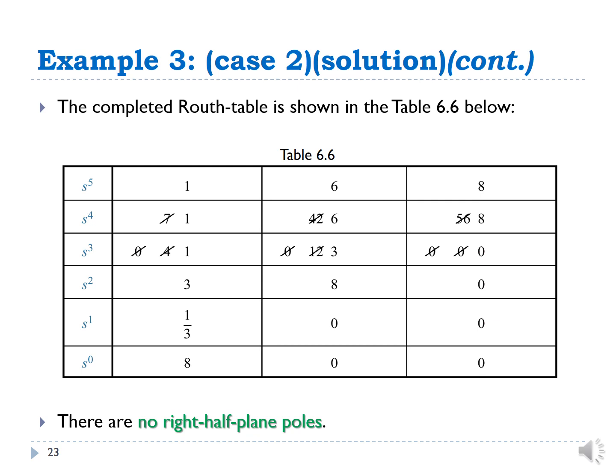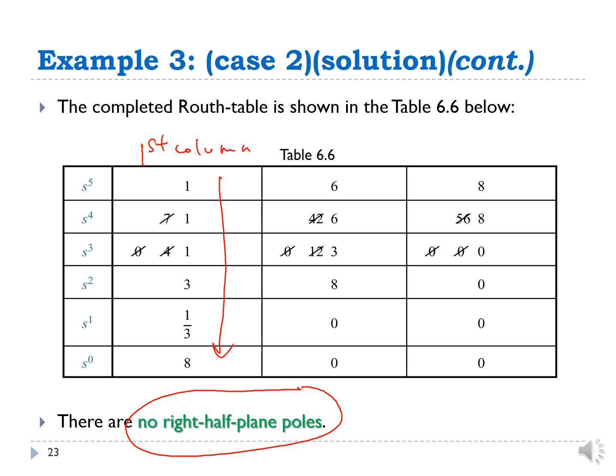Table 6.6 shows that all entries in the first column are positive, meaning that no sign changes occur in the first column of the root table. Hence, there are no right half plane poles.